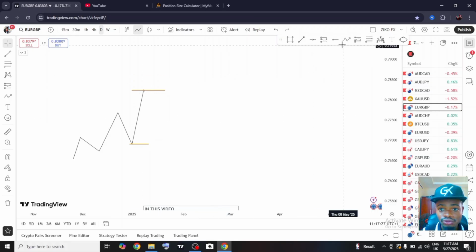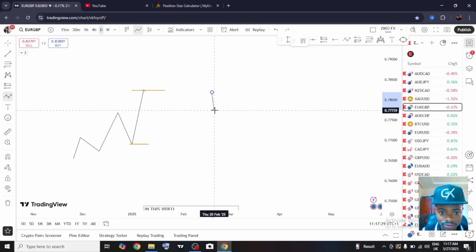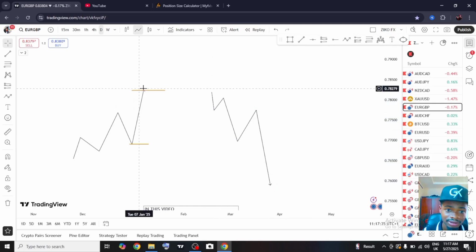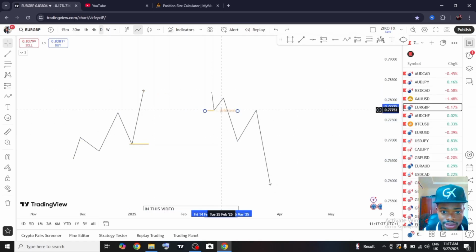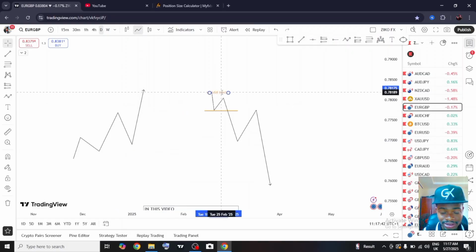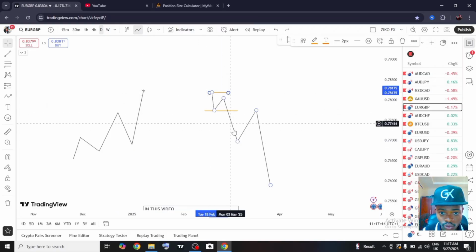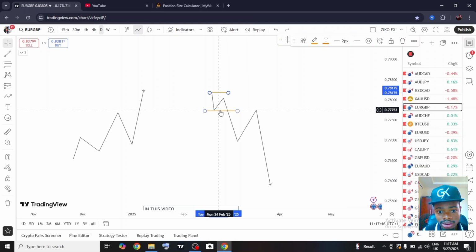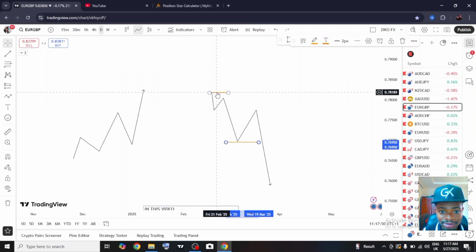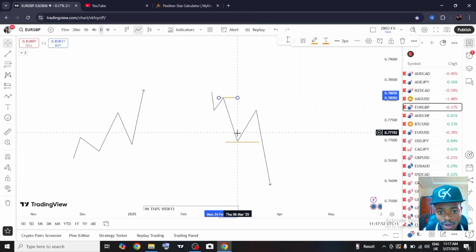Same thing for a bearish market. You have lower lows and lower highs. That is the same thing. If this is the lowest low or lower low, right, this is now the lower high. Once price breaks below, this becomes what? The new lower low, and this becomes the new lower high.